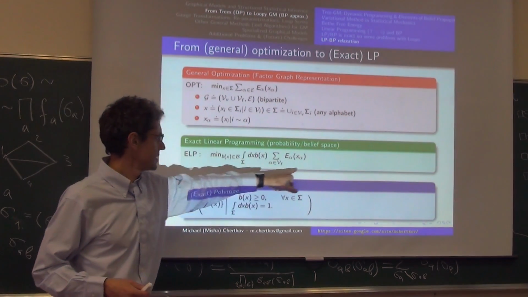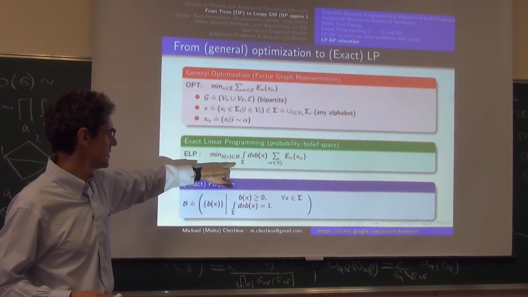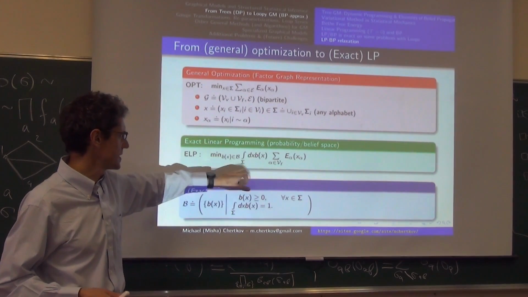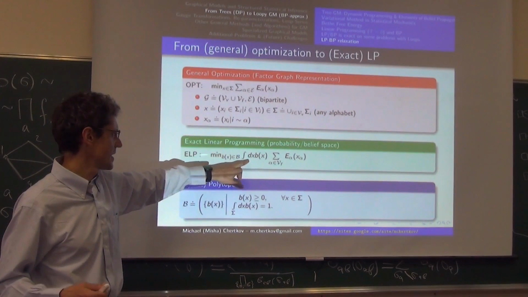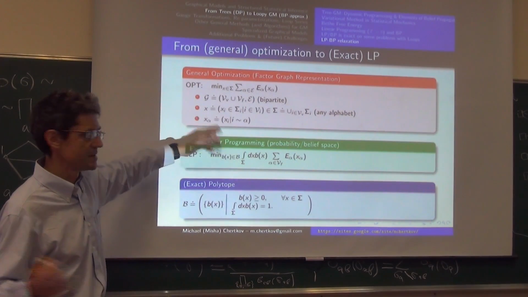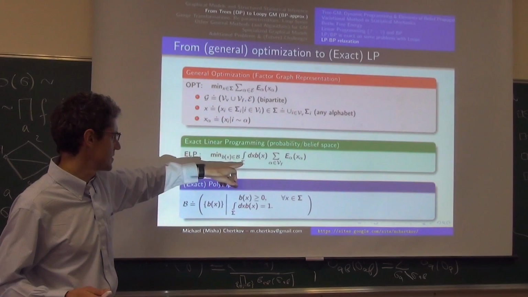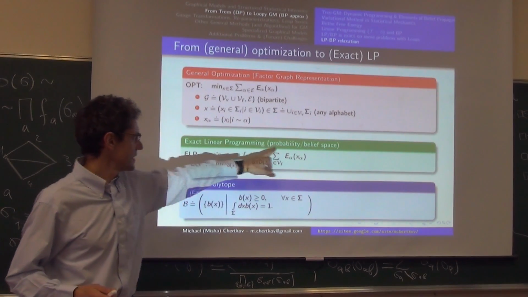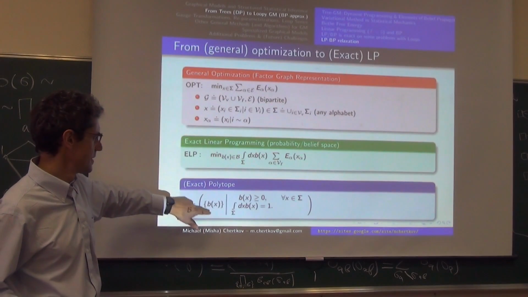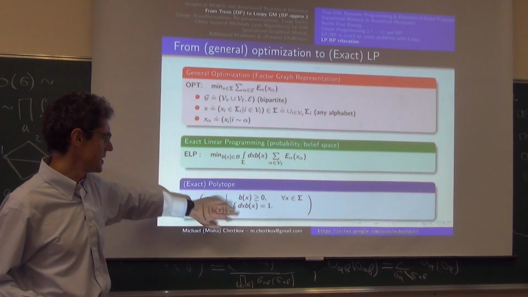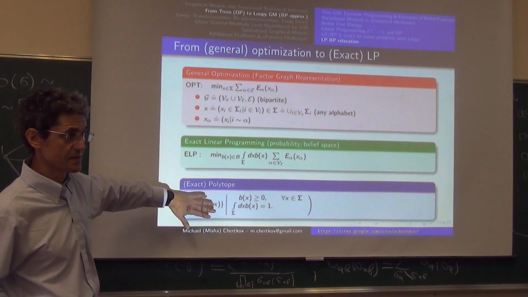So this is my objective, and it's linear in b of x. So I put this integral over dx, assuming that x may be alphabet, may be continuous, but think of it as just a sum. But in any case, this objective is linear in b, and constraints are also linear in b.